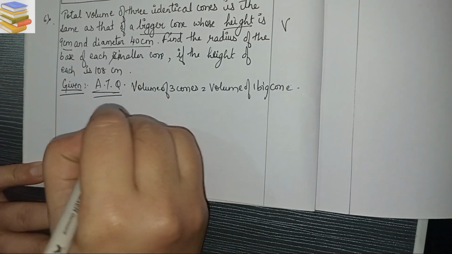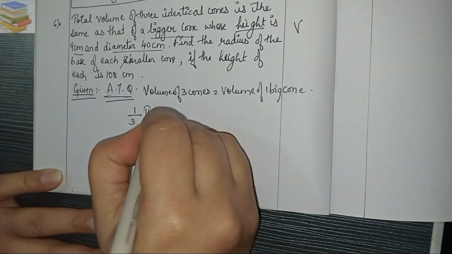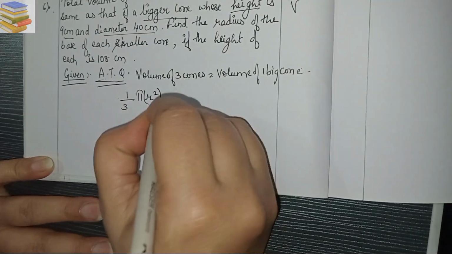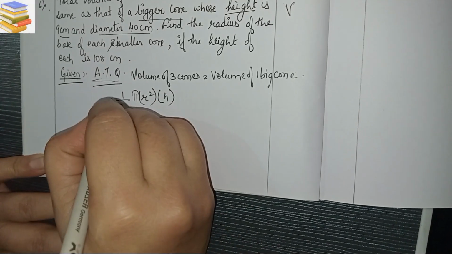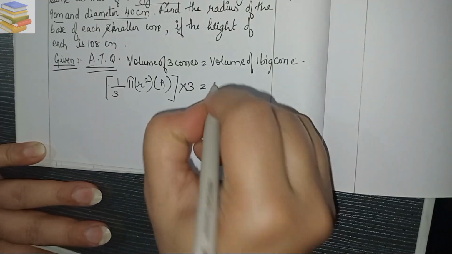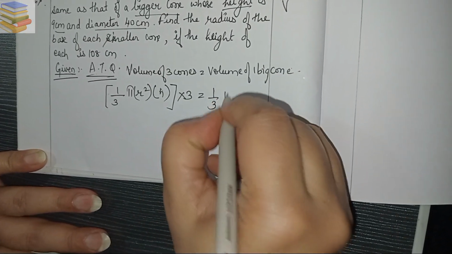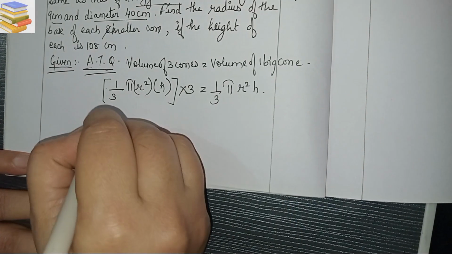Similarly, 1 over 3 pi r square h. H is given to you. This is with 3, 1 over 3 pi r square h. So we'll substitute the values in it.